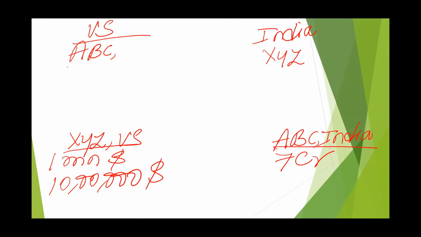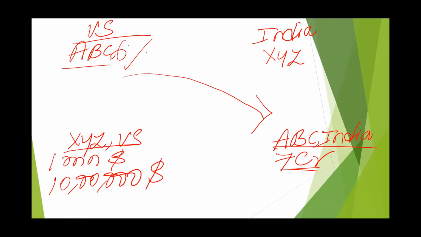US ABC company can raise in the US itself the amount worth 7 crore, which is required for ABC India, at a rate of 6%. But the problem is they can raise it only in dollars, then they need to convert into rupees later on, so they are facing an exchange rate risk.